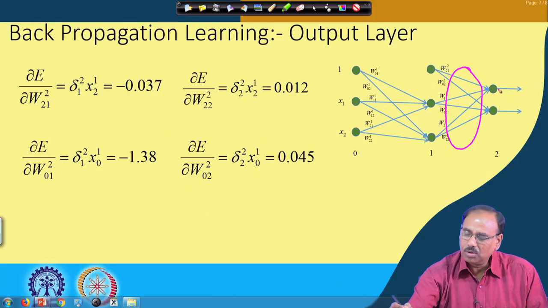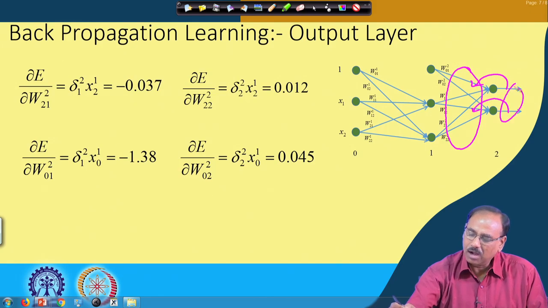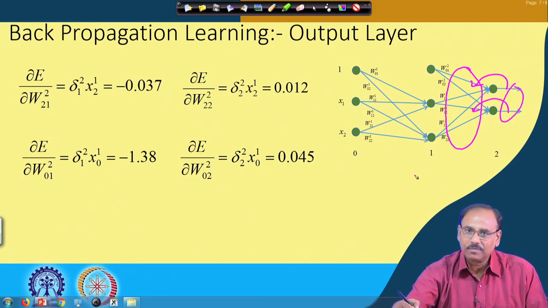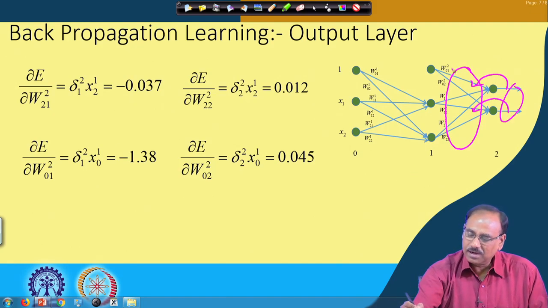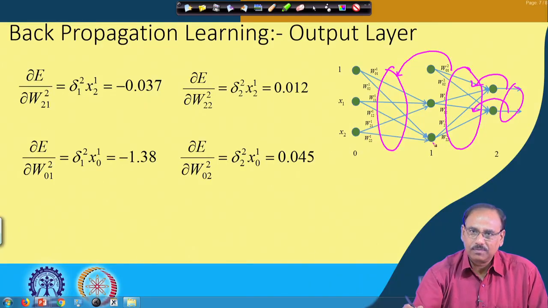And while doing so, we have propagated the effect of the error computed at the output in the backward direction. Now, this error has to be propagated further inside to update the weights from the input layer to the hidden layer.